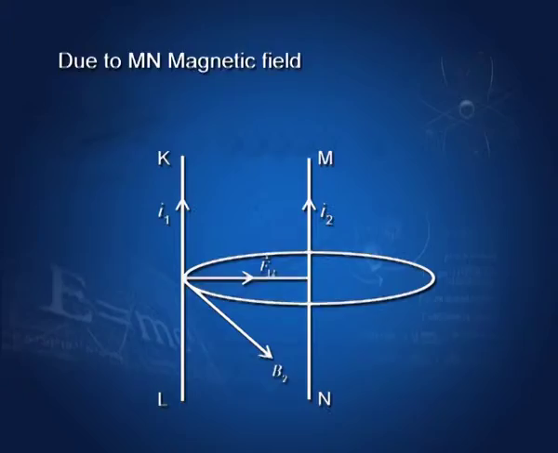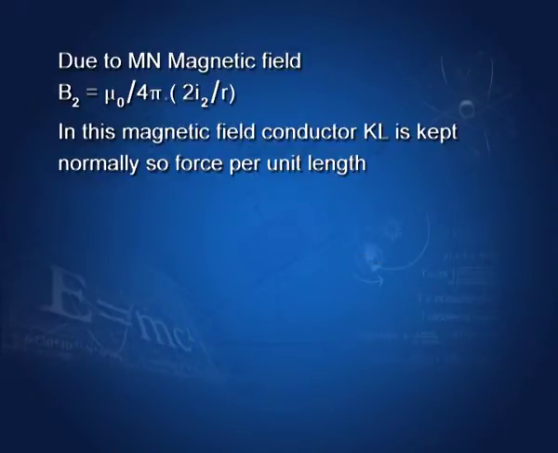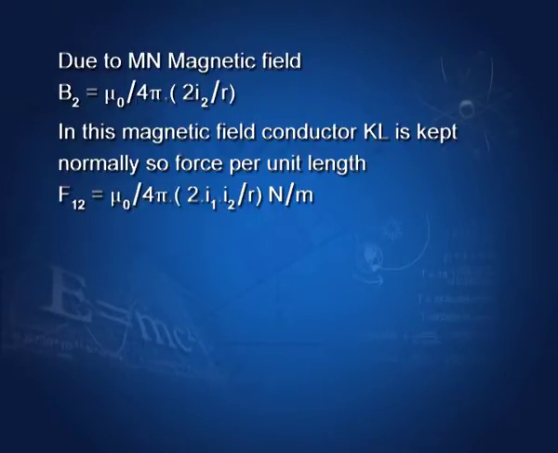Similarly, due to MN, the magnetic field B2 at point P2 on the conductor KL will be equal to mu naught upon 4 pi into 2 I2 divided by R. Now, in this magnetic field, conductor KL is kept normally. So, force per unit length F12 equals mu naught upon 4 pi into 2 I1 I2 divided by R.